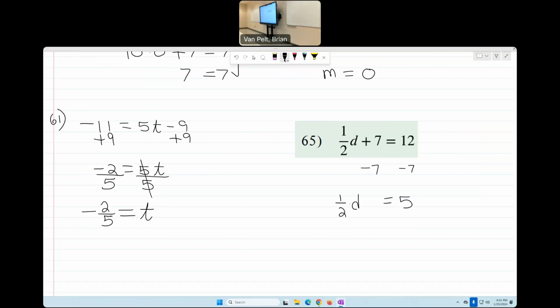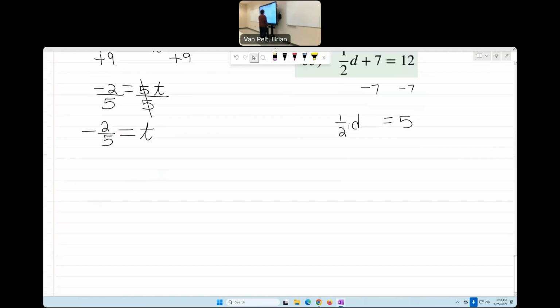How about 2? You can multiply by 2, but technically speaking, since it's 1/2 times D, what did I tell you you're supposed to do when you have a times? Divide. So we have several things we can do here. I'll show you a couple of ways to do this.